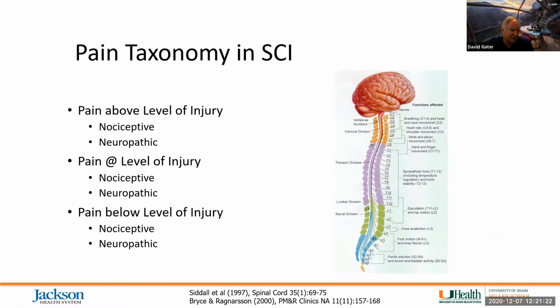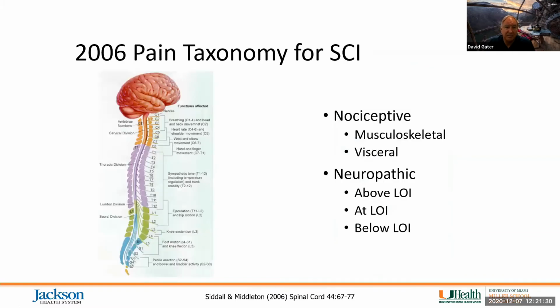Tom Bryce and Chris Ragnarsson further reported on this in a very nice article right around the turn of the century. In 2006, Siddall and Middleton upgraded their pain taxonomy, their definitions, and said, well, we should just call it nociceptive or neuropathic. Nociceptive could be musculoskeletal or visceral pain, or neuropathic above, at, or below the level of the injury.